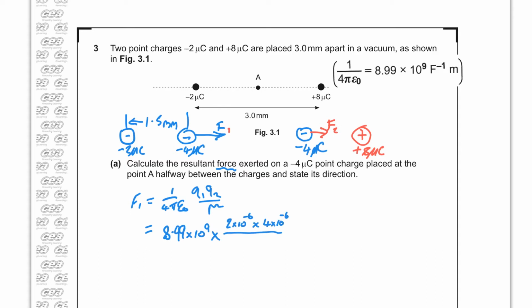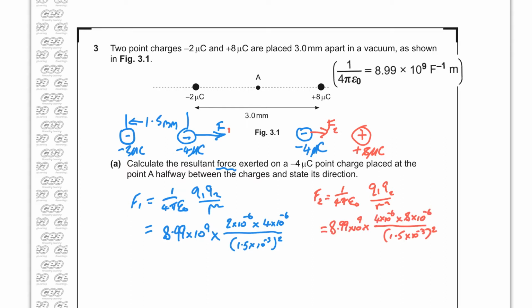So 2 times 10 to the -6, 2 micro, times 4 times 10 to the -6, and divided by R. And remember that R is 1.5 millimeters, and so we need to put in our 10 to the -3 and remember to square it, like so. And then we do the exact same thing for the other side. And again, substituting very carefully and remembering to get the right R and square it, like so. 4 micro, 8 micro, 1.5 millimeters, and it gets squared.